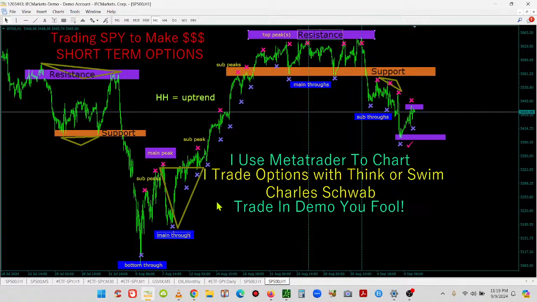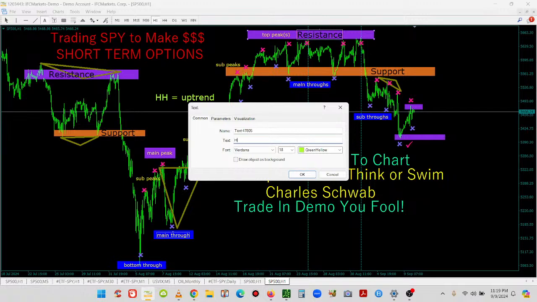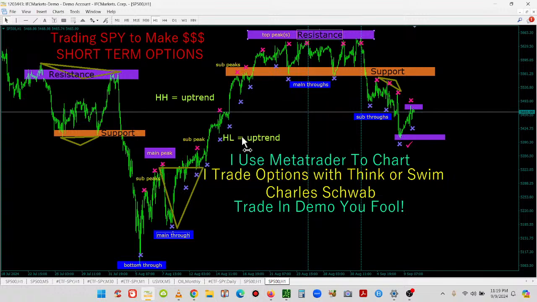Higher highs equals uptrend, right? Higher lows equals uptrend, right? They both equal uptrend.